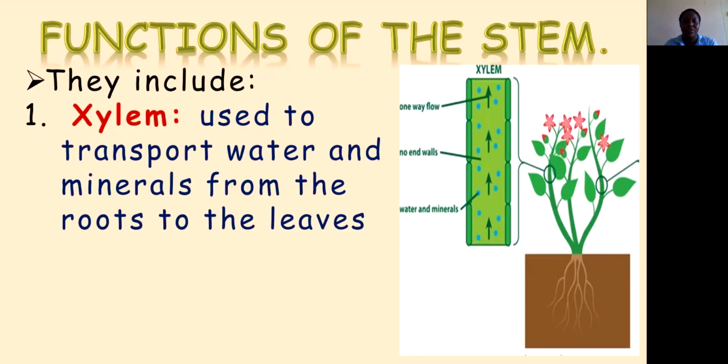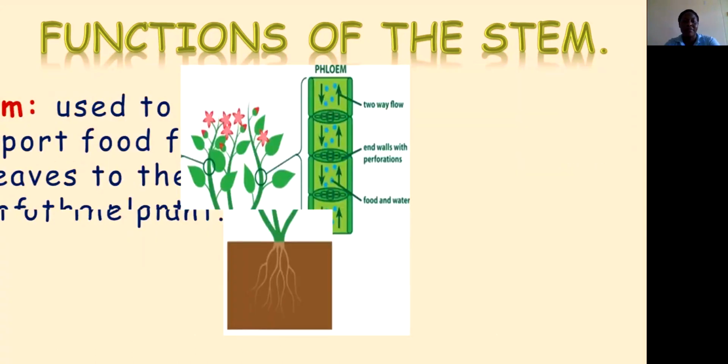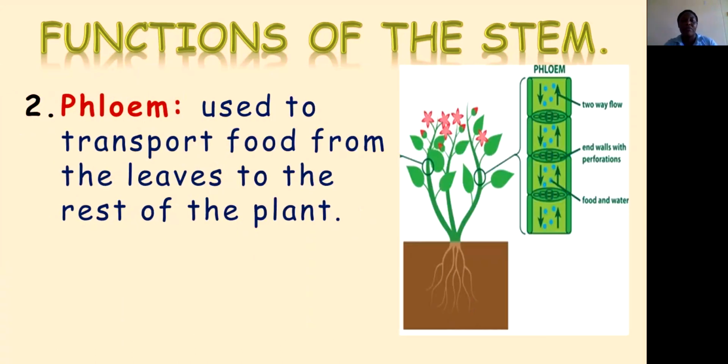Xylem is used to transport water and minerals from the roots to the leaves. And then we talked about the phloem. This is a phloem used to transport food from the leaves to the rest of the plant. So we have two tubes inside the stem, the xylem and the phloem.